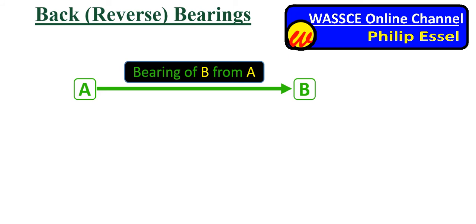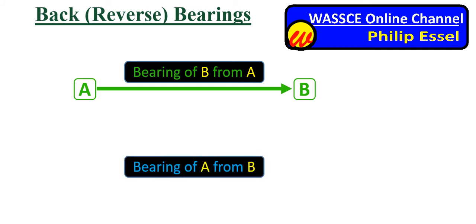Now, the back bearing of this statement, or the reverse bearing of this statement, is the bearing of A from B. It is simply the opposite of the first statement. How do we represent this using a diagram?